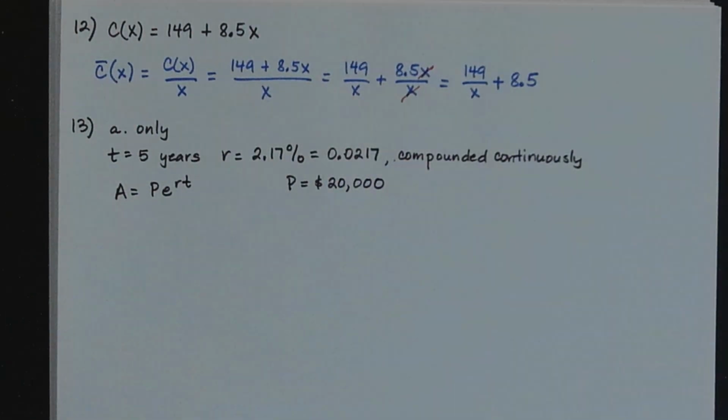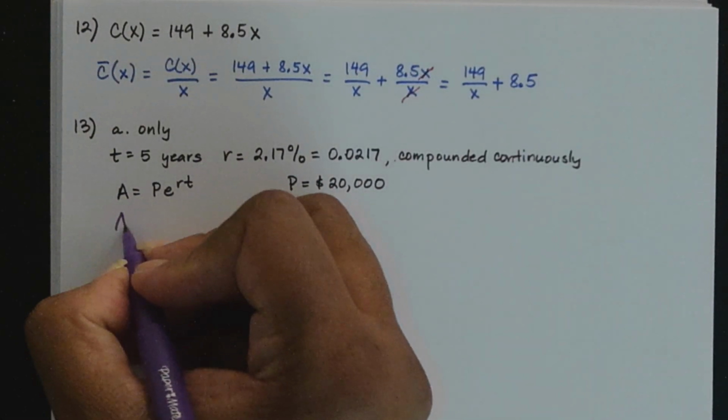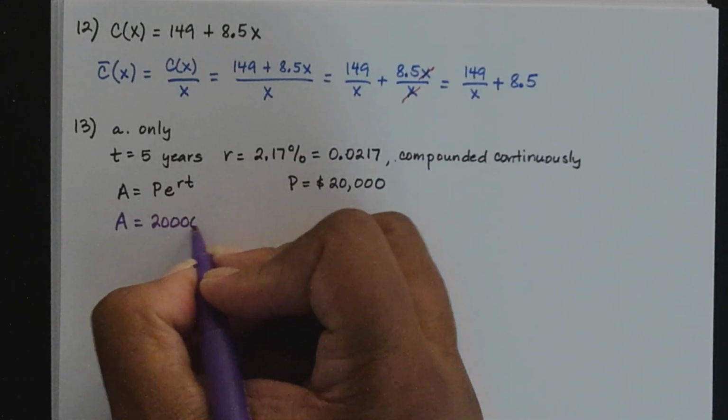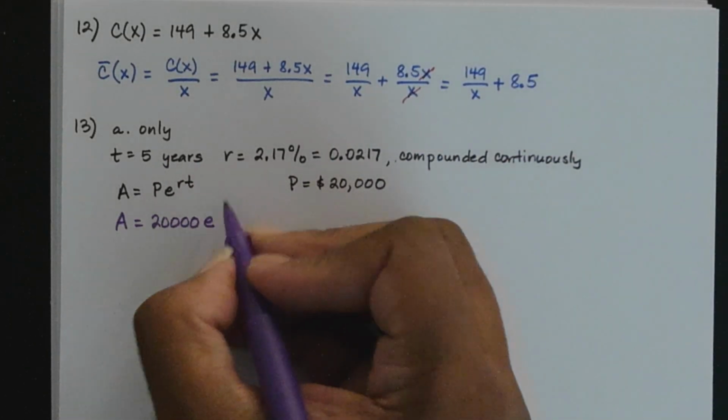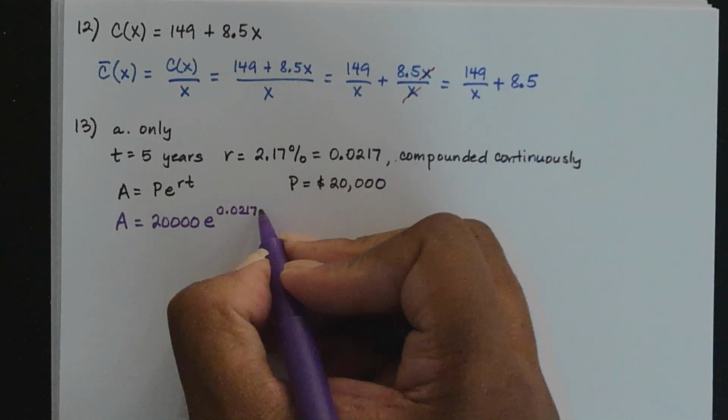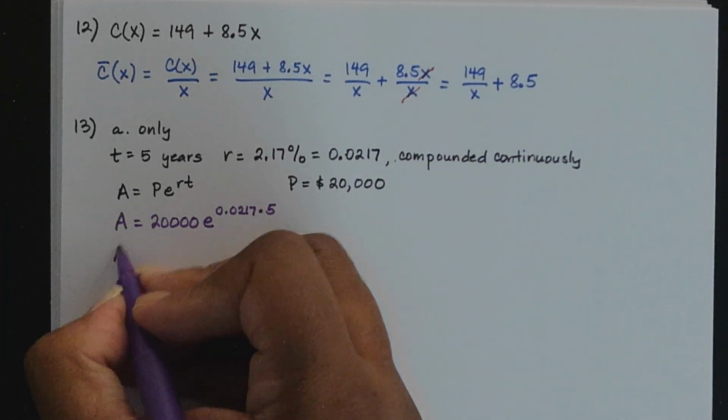How much will it be worth in 5 years? So all we have to do there is just do some substitution to find out what A is. So A is going to be equal to P, which is 20,000, times e to the r, that's going to be 0.0217, times t, which is 5.